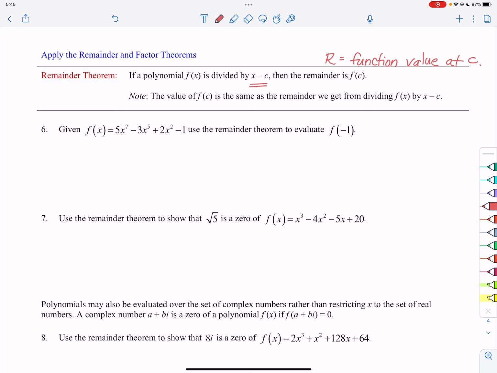So they've asked us to find f of negative 1. So we are going to put negative 1 in the box, and we are going to use synthetic division. So we have missing powers at 6, 4, 3, and also an x. So we have several missing powers of x. So we have a 5 and a 0 and a negative 3. Let me move these over just a little bit. 0, a negative 3, a 0, and a 0, 2, 0, and negative 1.